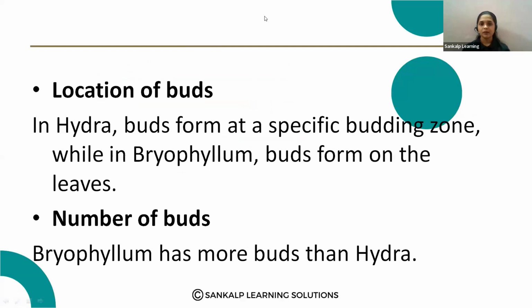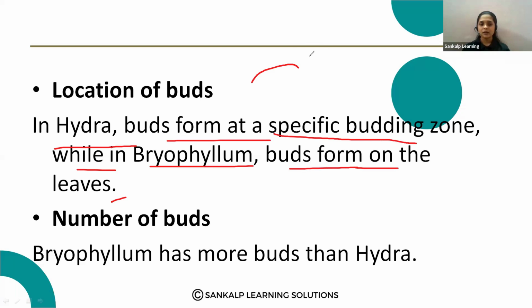Next question. How are the buds in Hydra different from the buds in Bryophyllum? In Hydra, buds are at a specific budding zone, while in Bryophyllum, buds arise on the leaves. Just imagine in the Bryophyllum leaf, the buds arise from each notch of the leaf like this.